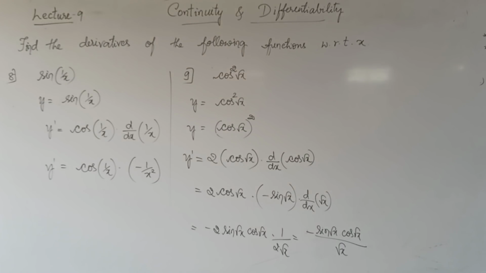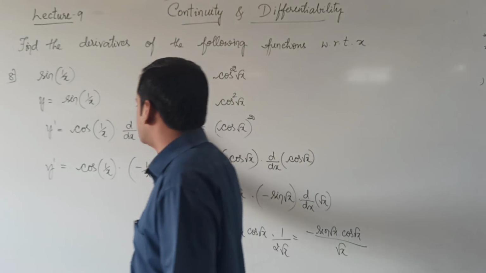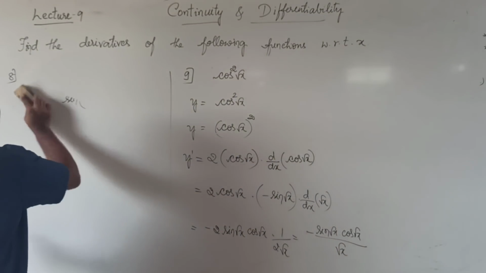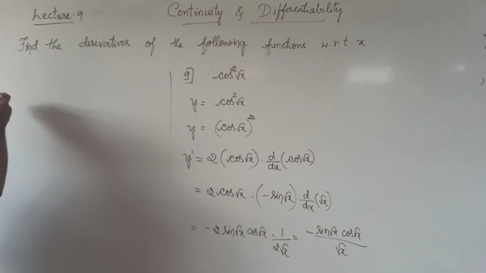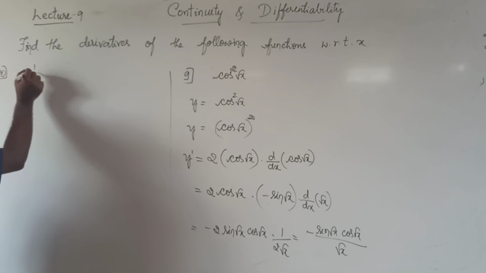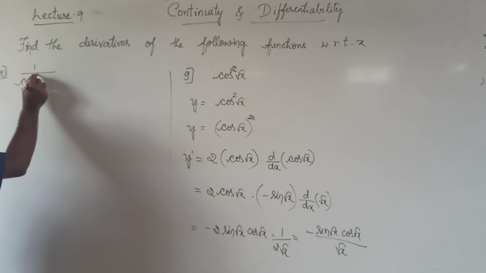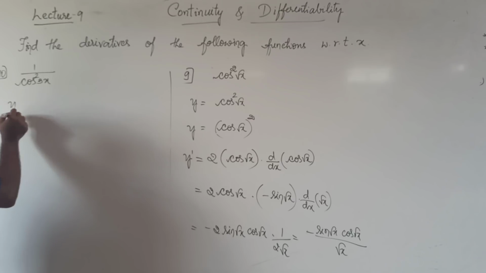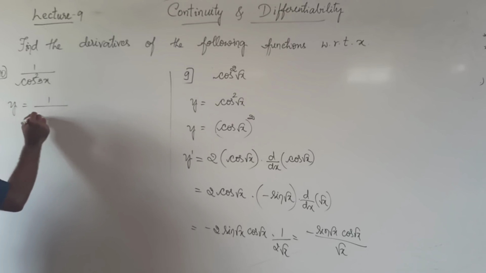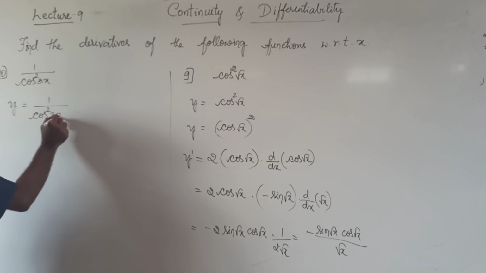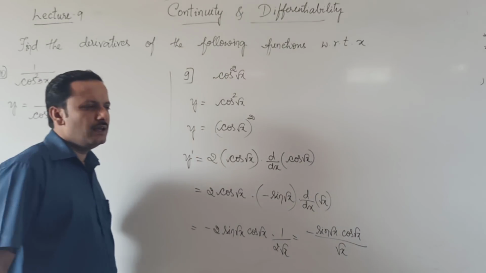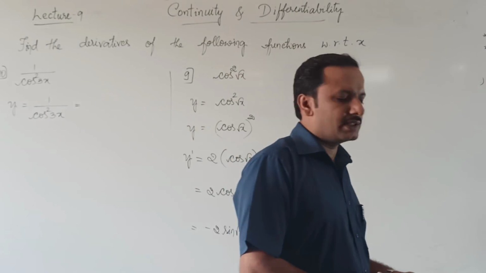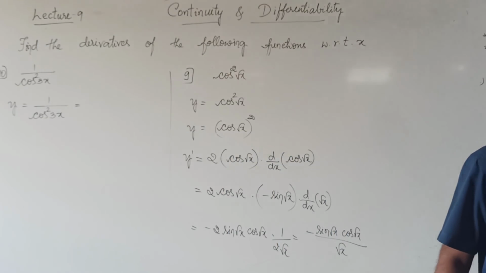Next question. 1 by cos square 3x. I'll call it as y. Y is equal to 1 by cos square 3x. 1 by cos square 3x is nothing but secant square 3x.